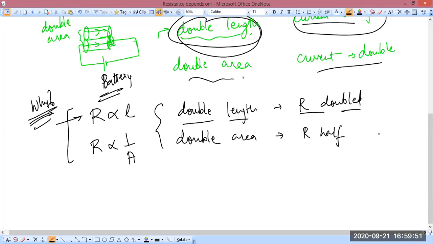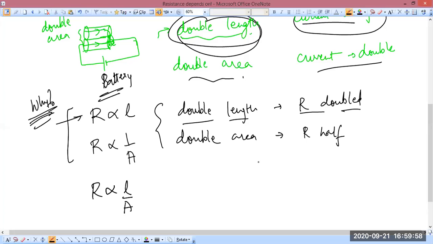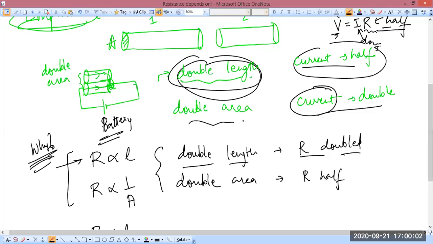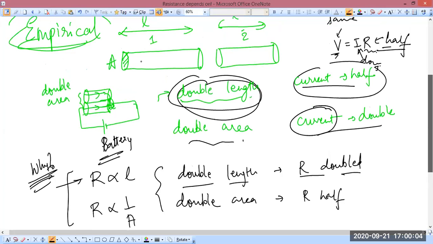Again, if you combine both of these, you get R proportional to L by A. But I'm sure you understand that how much current flows should definitely depend on what you are connecting here, that is, what this wire is made up of. Whether it's aluminum, copper, silver, gold or something else, maybe wood.